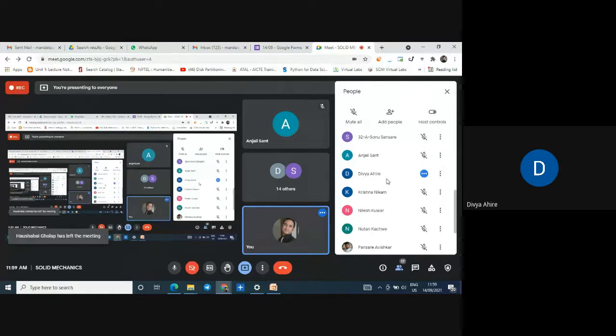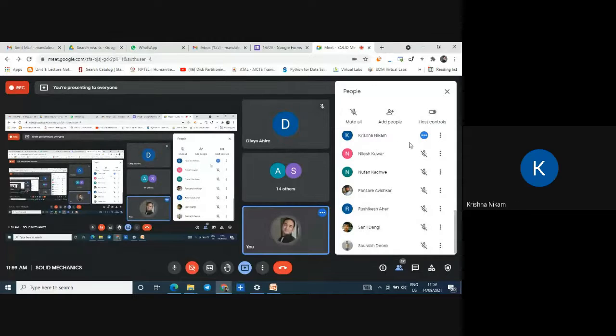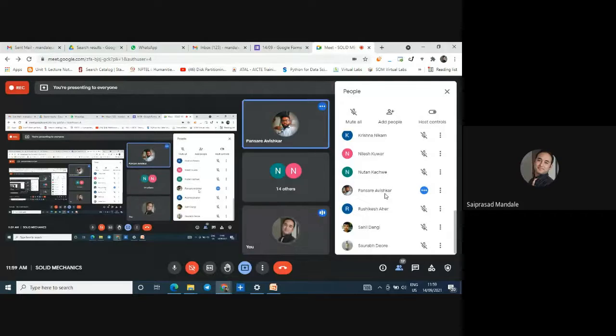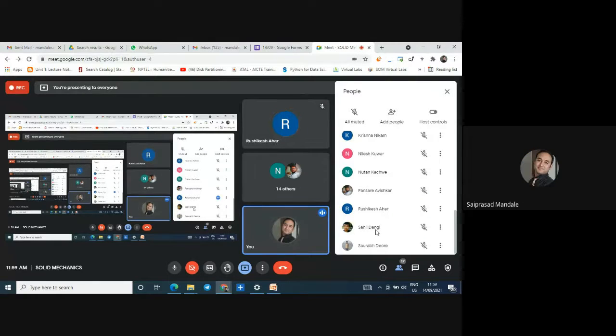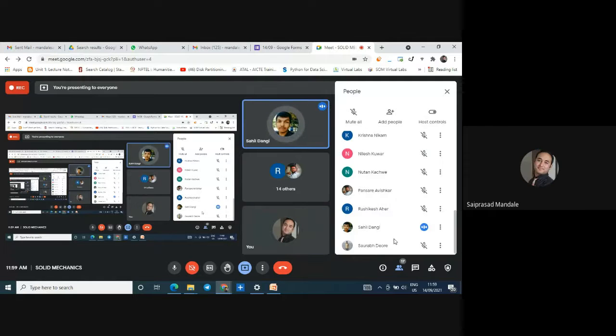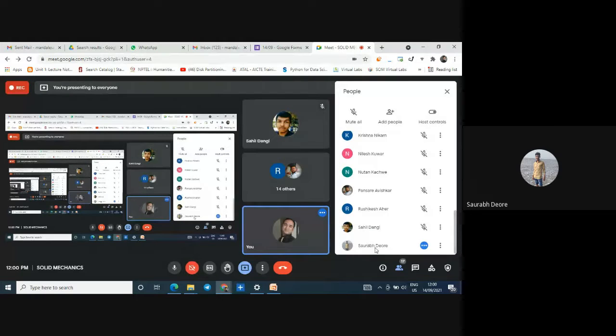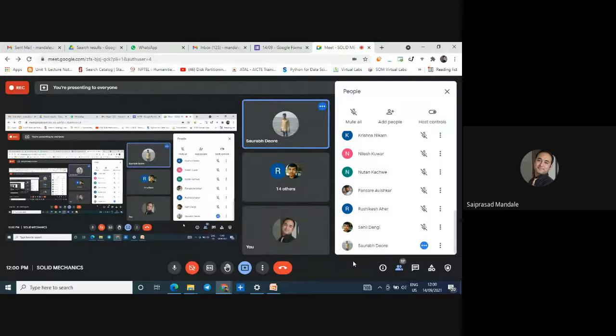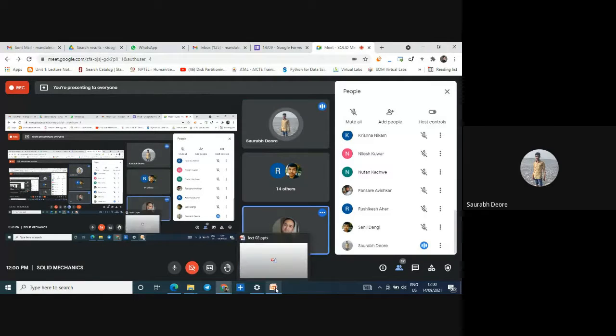Krishna Nikam, clear. Nilesh Kuwar, clear. Nutan Katswe, clear. Pansare Avishkar, clear. Okay, good. Rushikesh Ahir, clear. Sahil Dangi, clear. Okay, great. Saurabh Devre, clear. Okay, good.